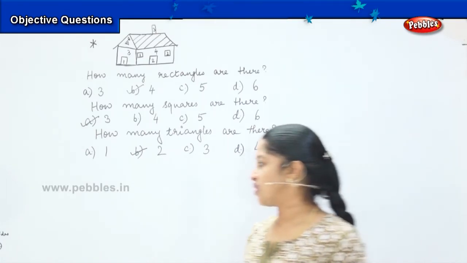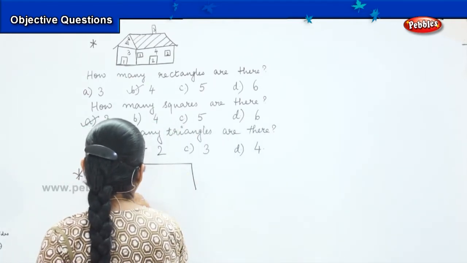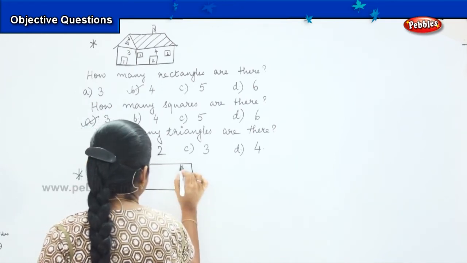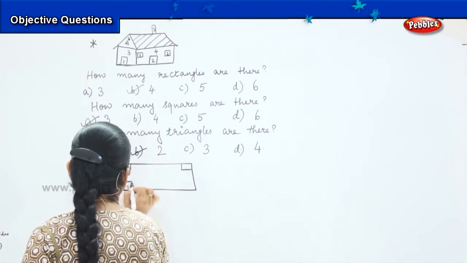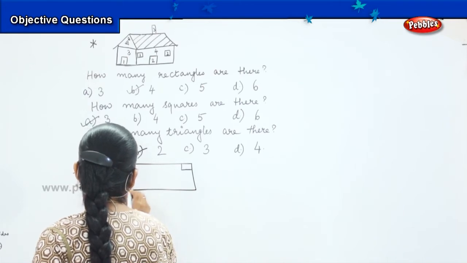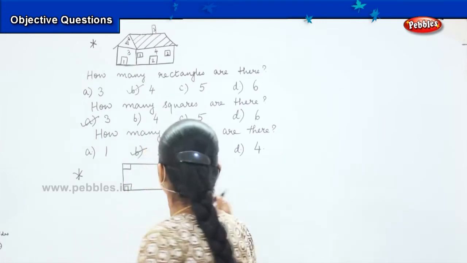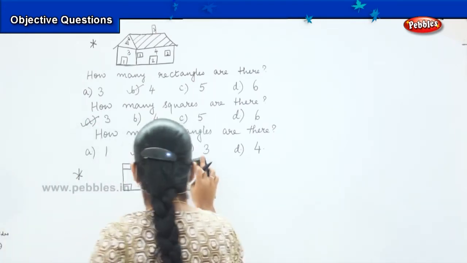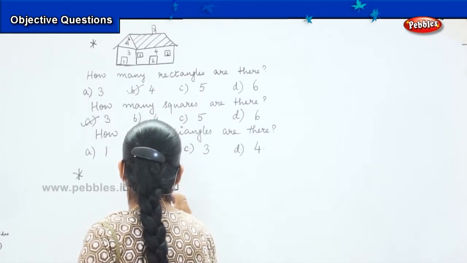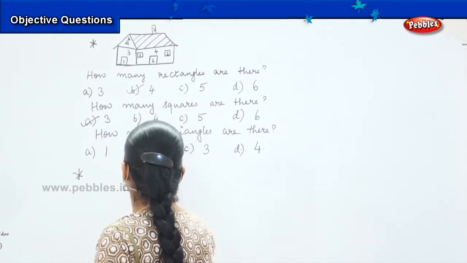So, my next question comes here. Now, this is a rectangle. Okay. And you need to tell me how many rectangles are given in this picture. So can you tell me what are the features of a rectangle?